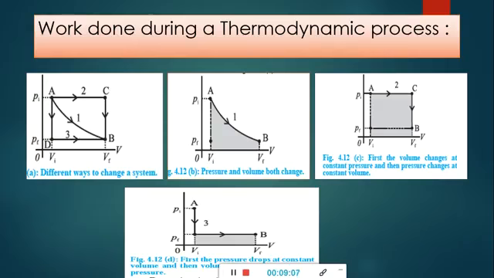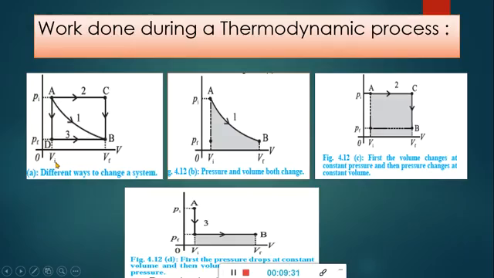When the system changes from point A to point B along path 1, both its pressure and volume are changing. In this diagram we have shown all the possible ways the system can change: path 1, path 2 and path 3.